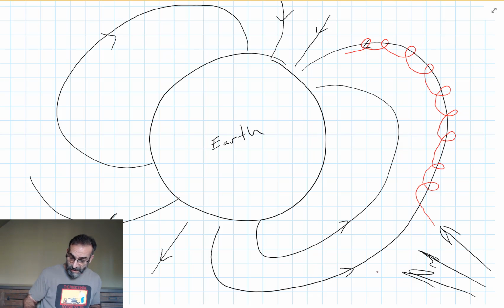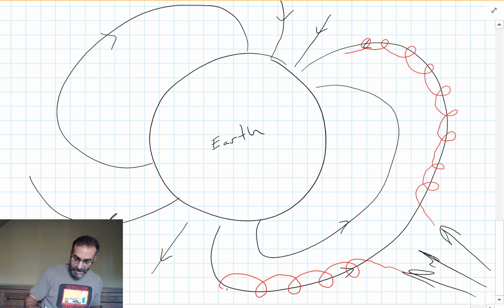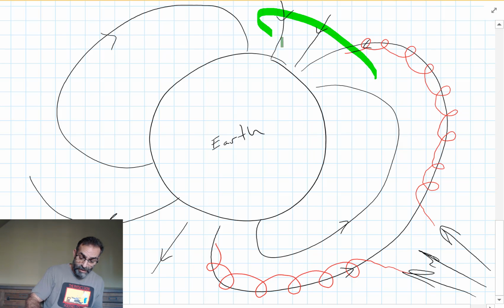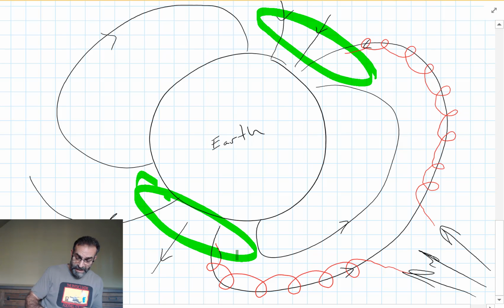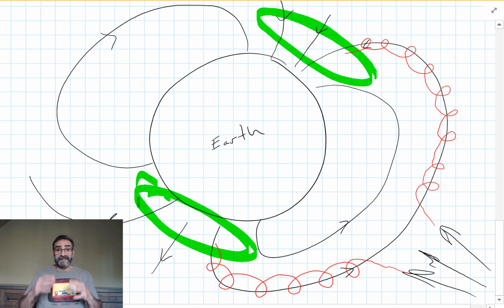When the charged particles have some component of their velocity in this direction, then they end up spiraling around in this direction towards the southern hemisphere, and they hit the Earth's atmosphere in the southern hemisphere. We'll get an area around the North Pole and an area around the South Pole where these lights are very prevalent, where the sky kind of lights up.